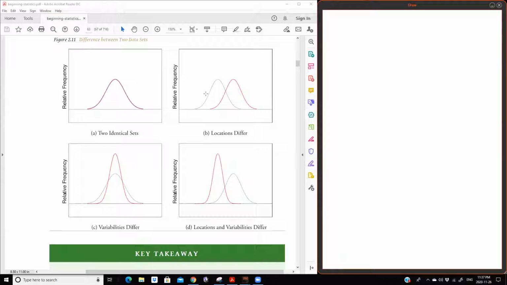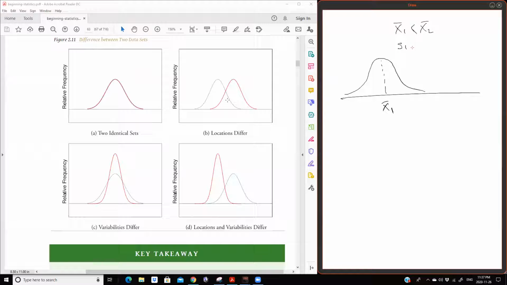Another scenario is if you have two sets and these two sets have the same variance but different means. So you can have a bell like this, and here in the middle you have the mean of the first population, and imagine that the mean of the second population is bigger.